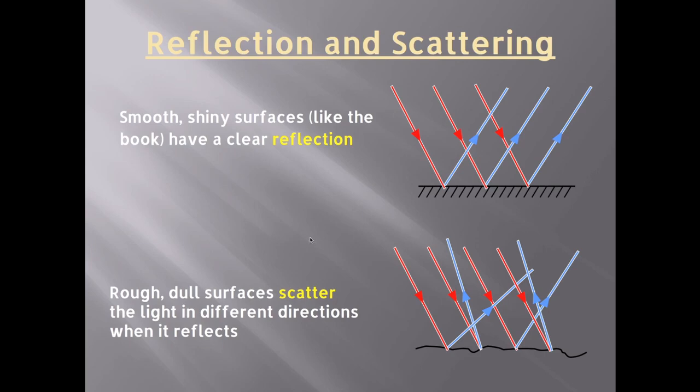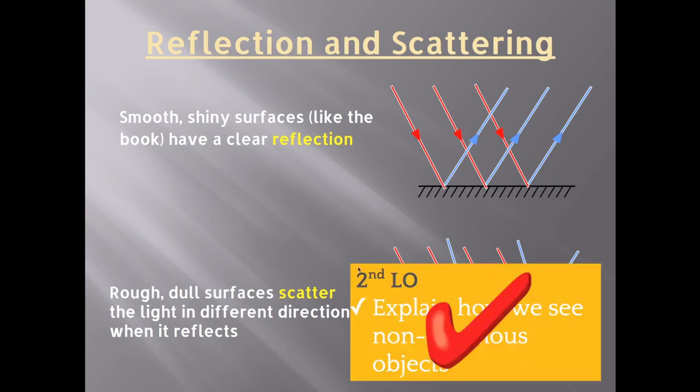You can't see your face in it, but you can still see that the object is there, still reflecting the light. So we see non-luminous objects because they reflect light, and some of them will reflect it nice and regularly like a mirror, and some will reflect it, scattering it in different directions, but it's still reflected. And we see non-luminous objects because they reflect light.